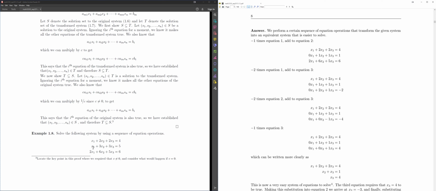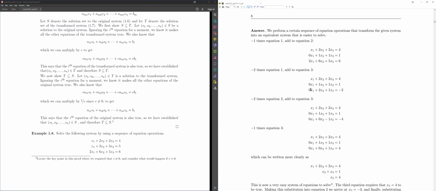So I get rid of this first x1 by multiplying this equation by minus 1 and adding it to equation 2. So minus 1 times equation 1 added to equation 2: minus 1 plus 1 gives me 0, minus 2 plus 3 gives me 1, minus 2 plus 3 gives me 1, and minus 4 plus 5 gives me 1. So that's how I get this, right?